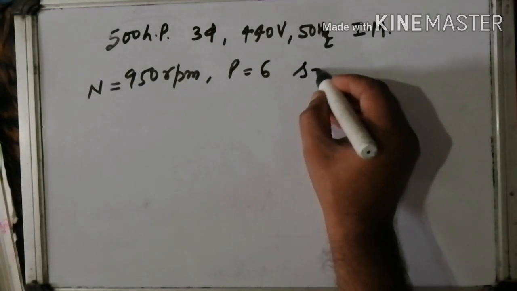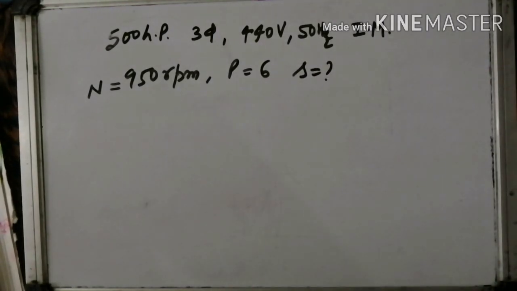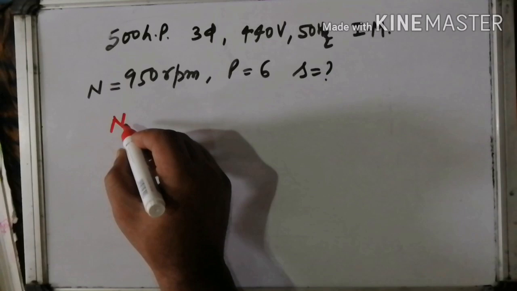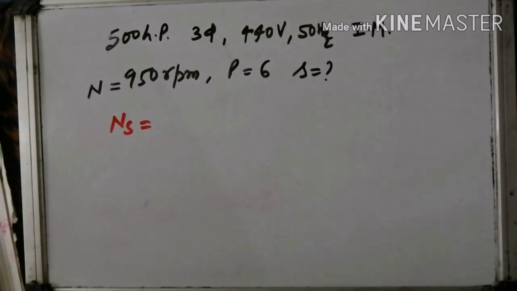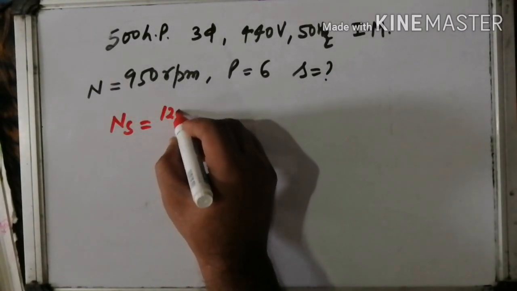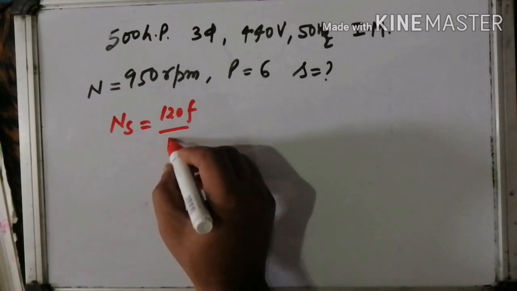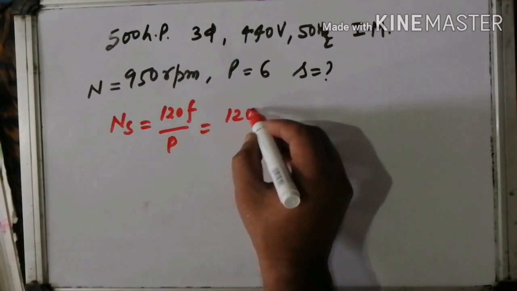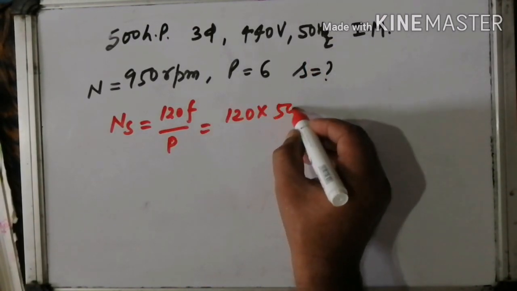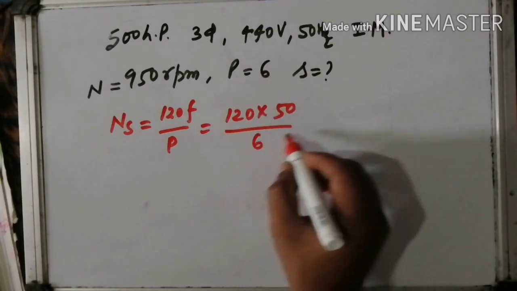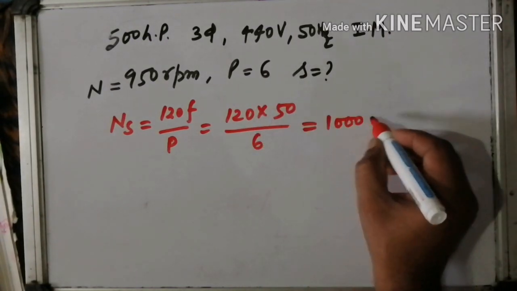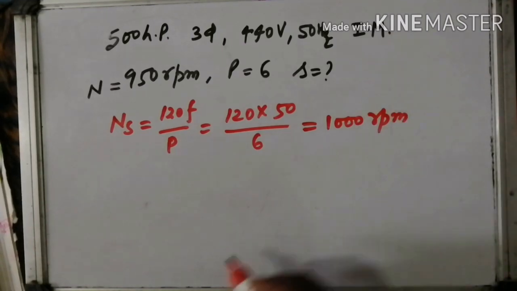Calculate slip. First of all, I am going to calculate the synchronous speed, that is Ns = 120 F divided by P. With F as 50 and the number of poles as 6, it is 1000 rpm.